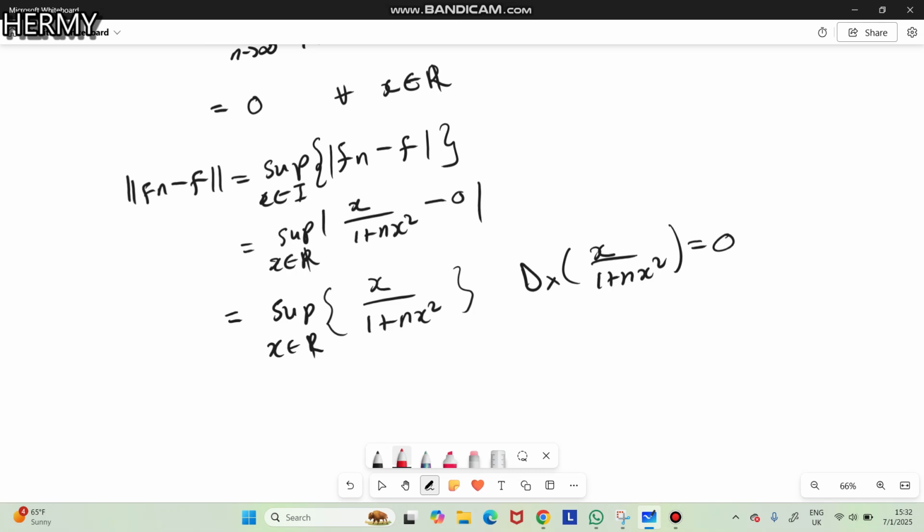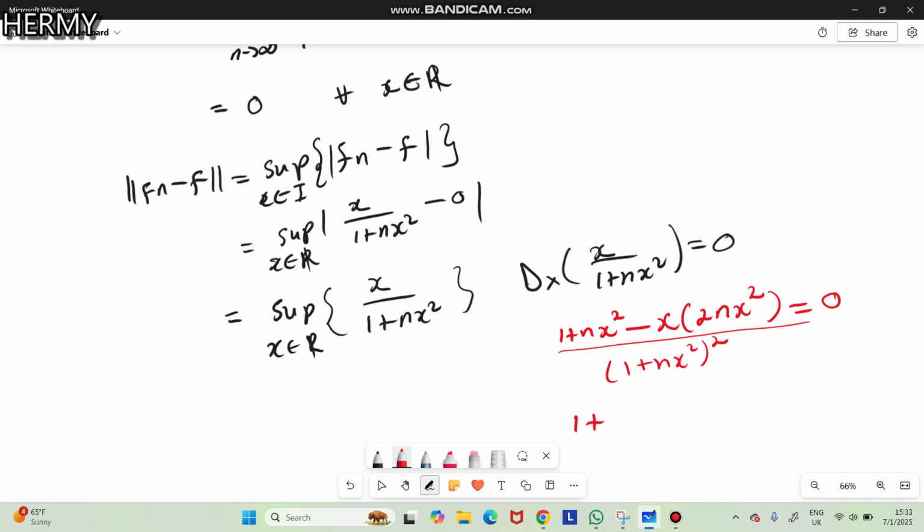The quotient rule says derive the upper, which is 1, leave the bottom, minus leave the top, derive the bottom. Deriving the bottom, you have nx squared, because it will be divided by 1 plus nx squared, all squared. When you cross multiply, this thing will go, so you'll be left with the numerator only. So the numerator is nx squared minus 2n.